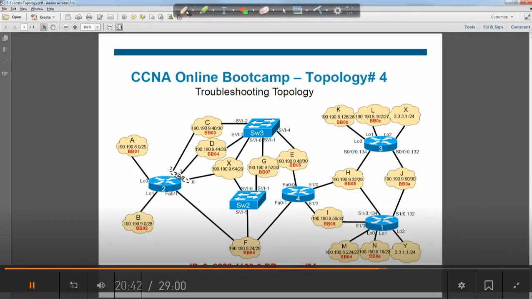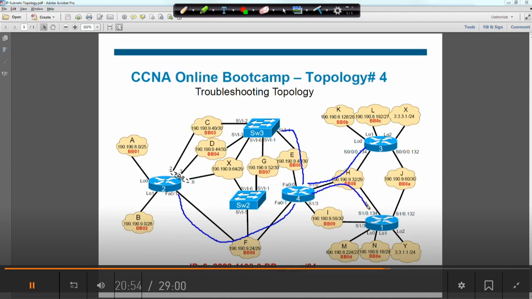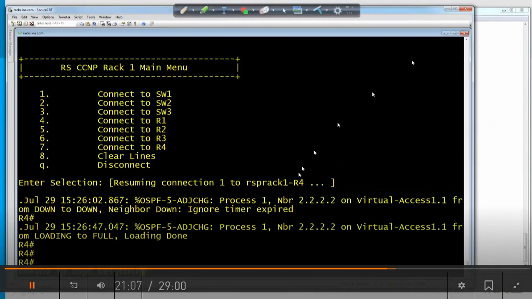Well, if we go back to this, router 4 should have a neighbor with 3. He should have a neighbor with router 2. He should have a neighbor across the frame relay with router 3, a neighbor across the frame relay with router 1, and a neighbor across the PPP connection with router 1. So he should have a total of 5 OSPF neighbors. Let's see if he does.